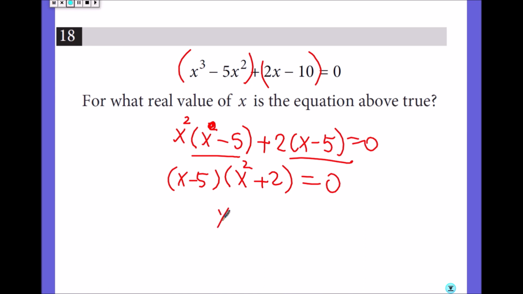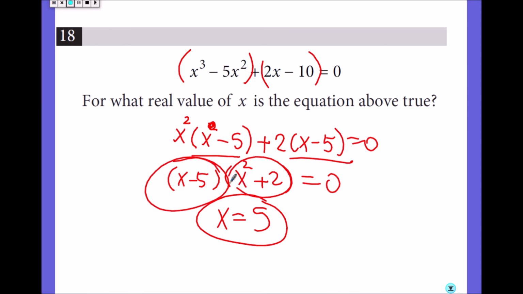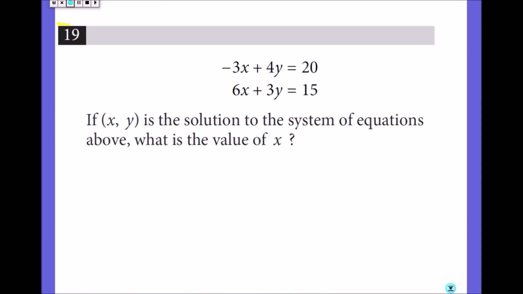So my x can be 5. Could x be the square root of negative 2? No, that won't give you an answer, because x squared plus 2 will never become 0, so x is 5 from this first factor.